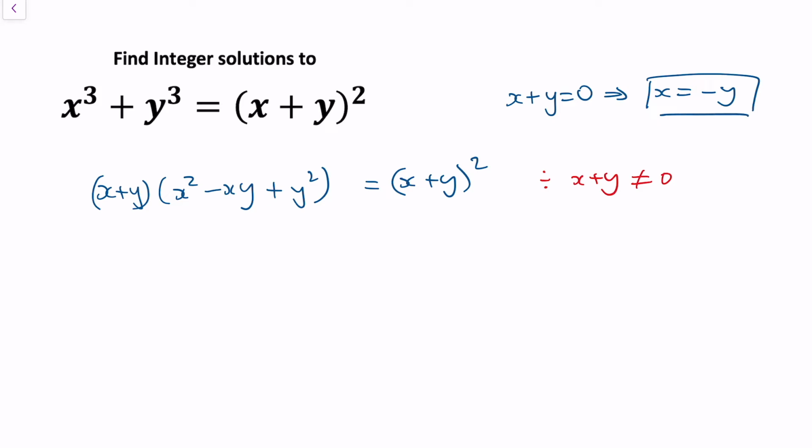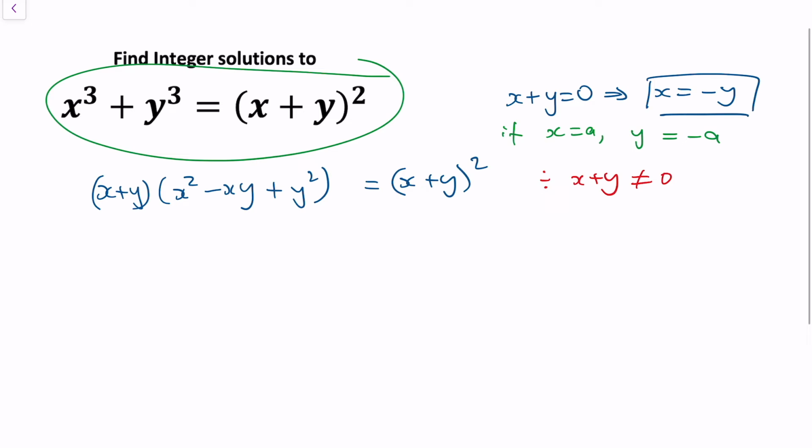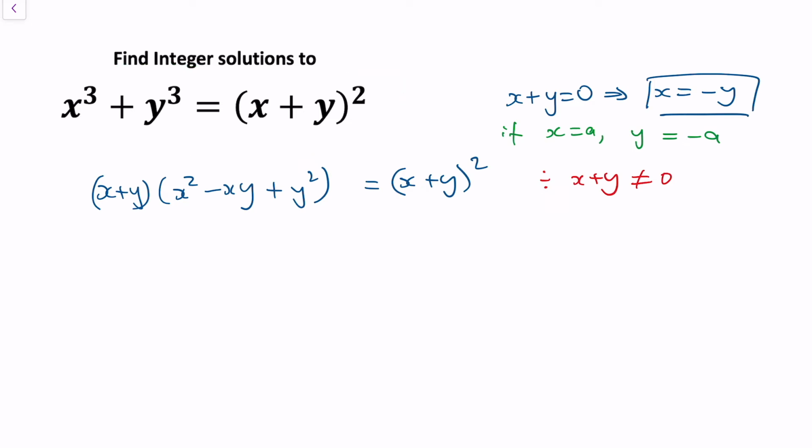This is clearly a solution, because if x is a, then y is minus a. If you plug it in, the left-hand side gives a cubed plus minus a cubed, which is 0, and the right-hand side gives (a plus minus a) squared, which is 0 squared, which is 0.